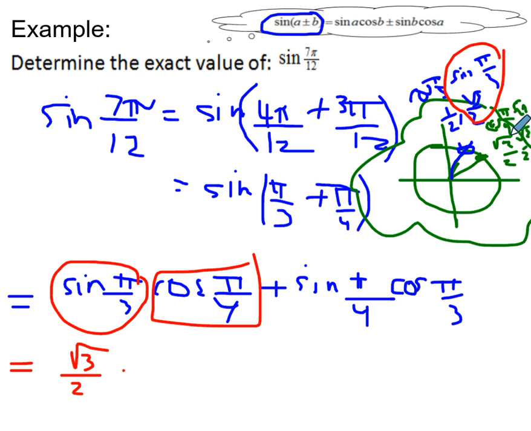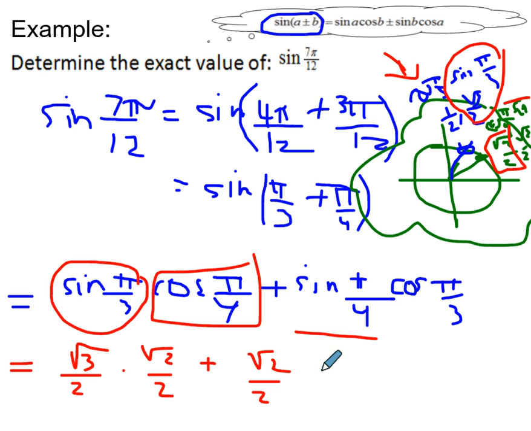Cosine of pi over 4 is the first coordinate, so that's square root of 2 over 2, plus sine of pi over 4 is on the right up here. Again, it's square root of 2 over 2. And cosine of pi over 3 is the first coordinate up here, 1/2.